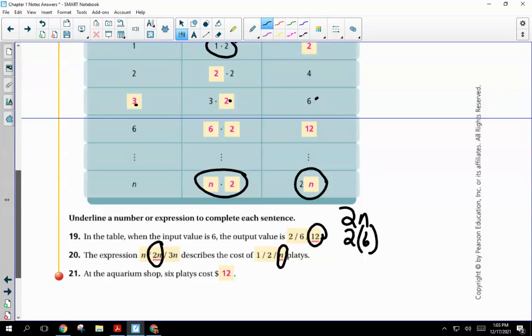N is a number, and you have no idea what that number is, so you say the word n. At the aquarium shop, 6 platies cost $12. And when we do word problems, we like to ask ourselves a question. Does it make sense? Does it make sense to spend $12 on 6 fish? That is a reasonable question. I would say yes, that is reasonable, so that's a reasonable answer.